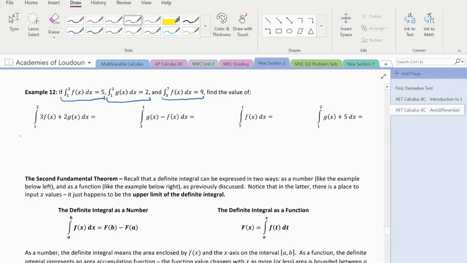So the integral from 1 to 3 of 3f of x plus 2g of x is 3 times the integral of f of x dx plus 2 times the integral from 1 to 3 of g of x dx. Well, we know that's 3 times 5 plus 2 times 2, which gives us 19.